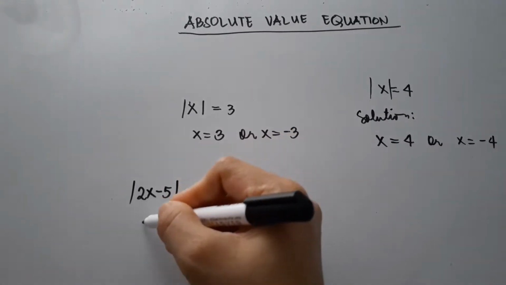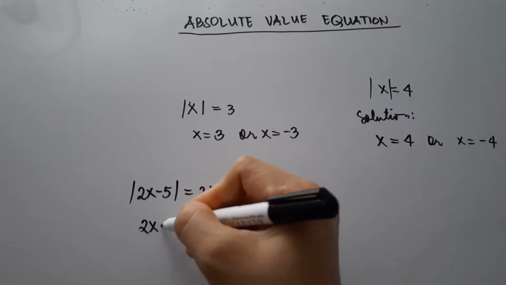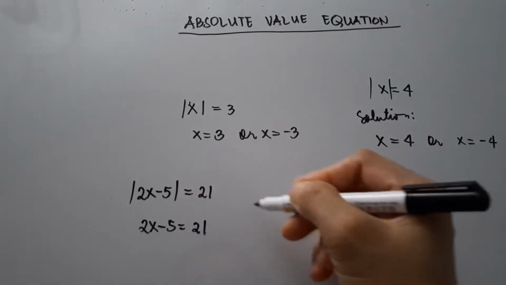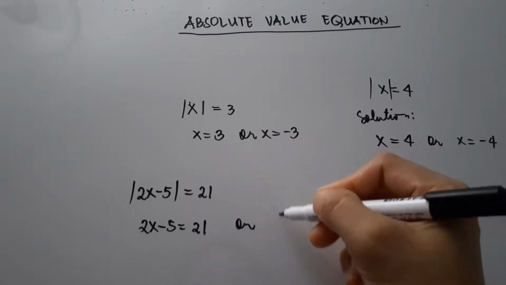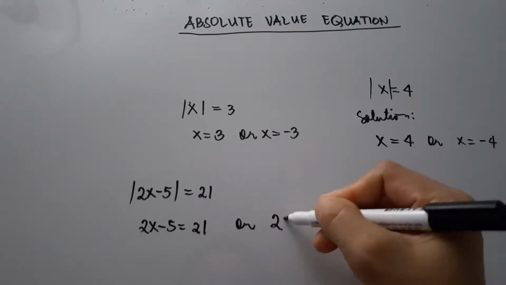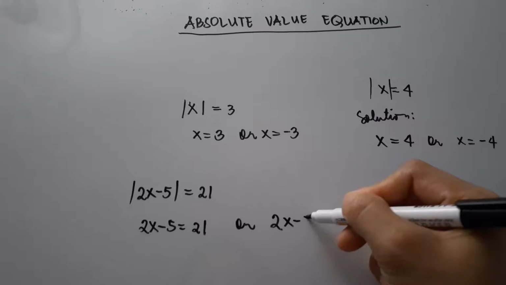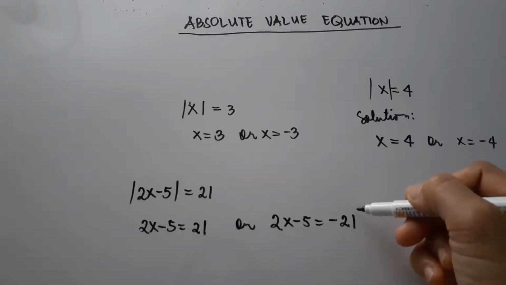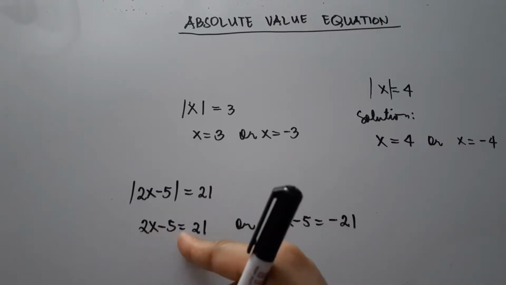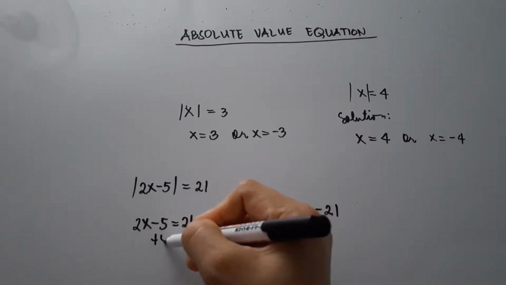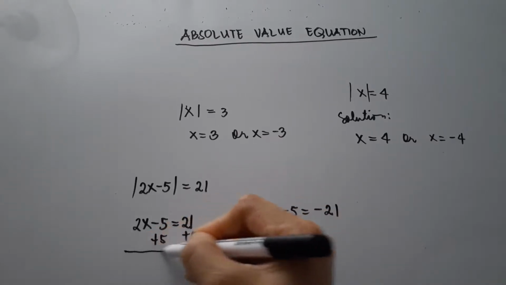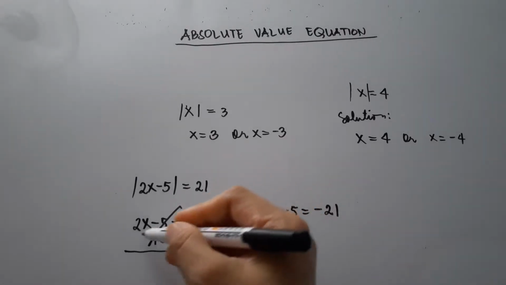So in this other example, the absolute value of 2x - 5 is equal to 21. We can solve two equations: 2x - 5 is equal to 21, or 2x - 5 is equal to -21. Remember that we solve one equation by positive, and we can also solve the other equation by negative.